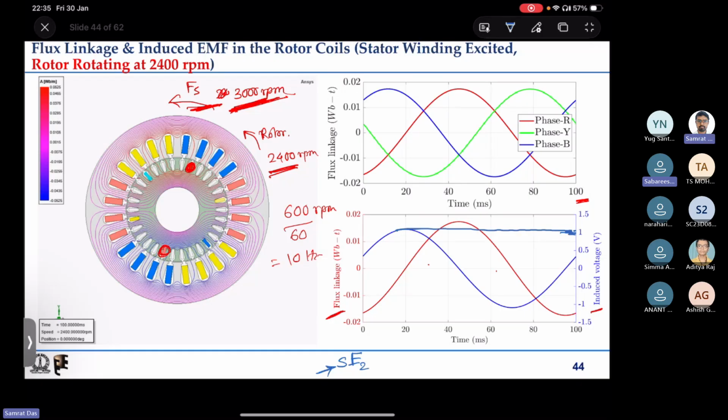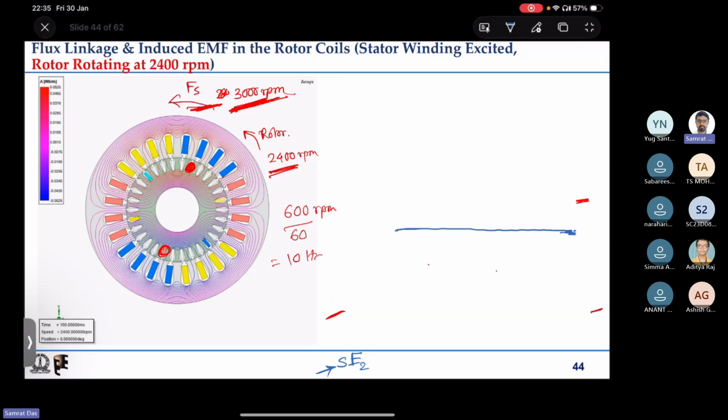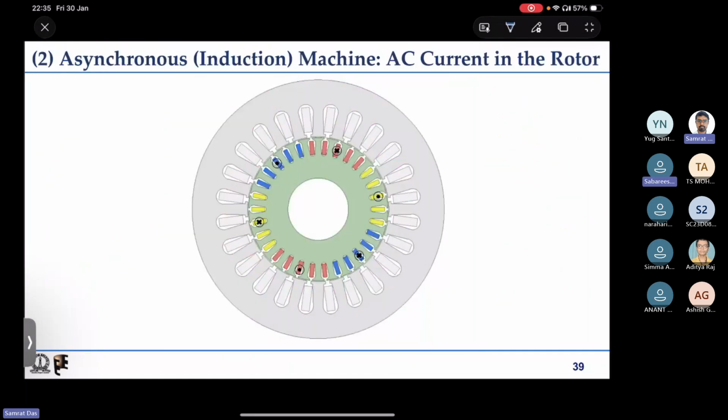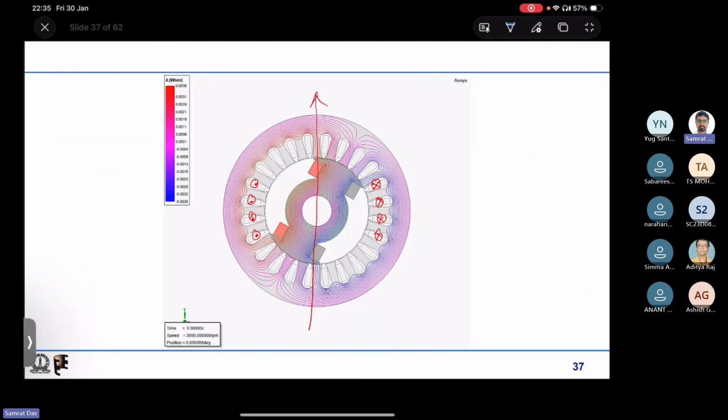The amplitude, yeah. That is why in the synchronous machine, in the field winding, there is no induced EMF. In the field winding you just give some DC excitation. There is no extra induced EMF in the field winding.